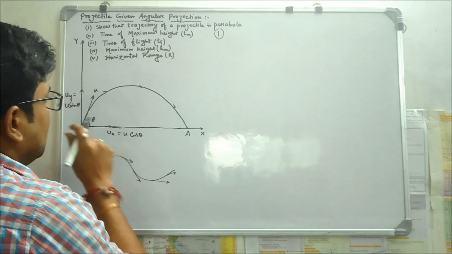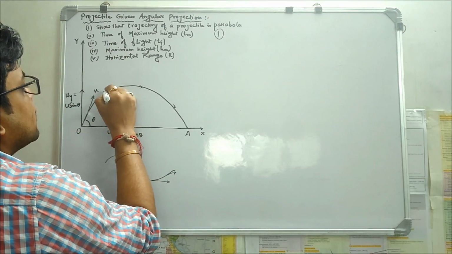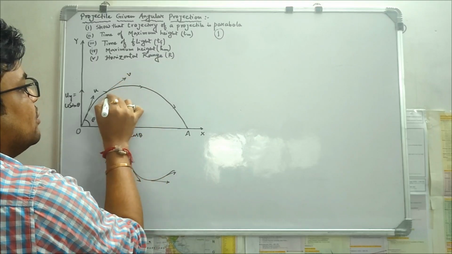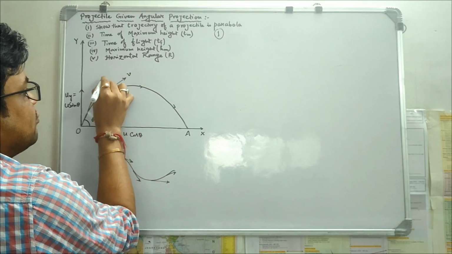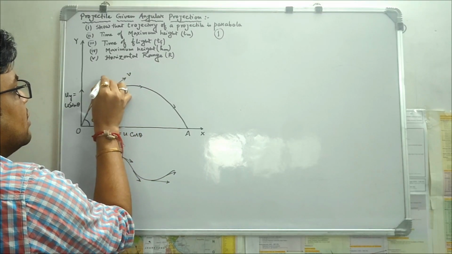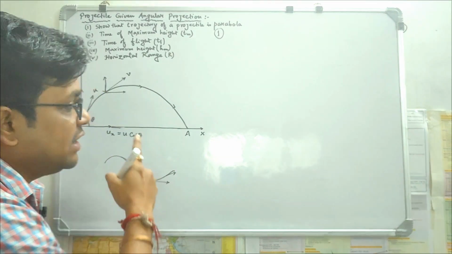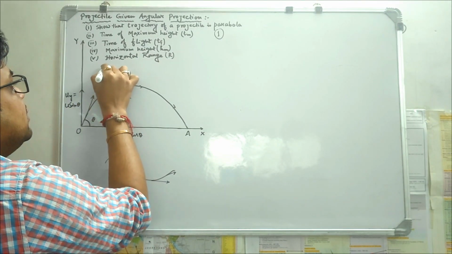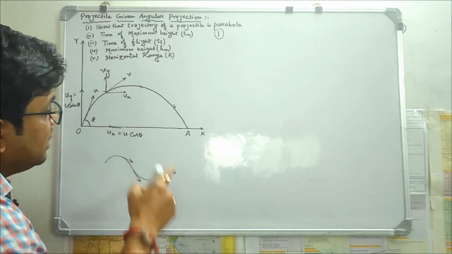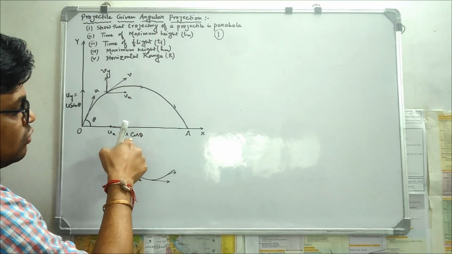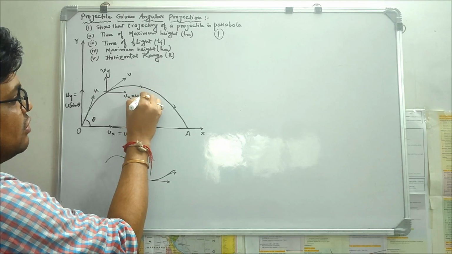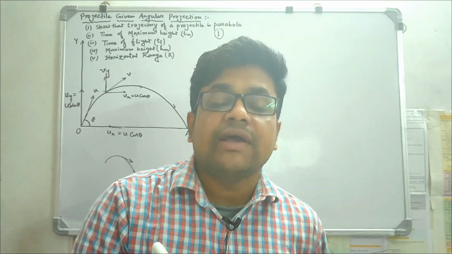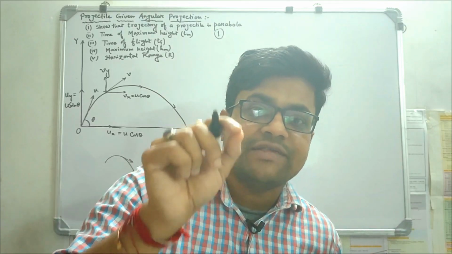That means if we draw a tangent at this point, that is the velocity v, and we do the component division, one horizontal component and another vertical component, here it is vx, here it is vy. Even the vx is also u cos theta. Remember, that is also u cos theta, because as I said, the horizontal component in projectile motion always remains constant.